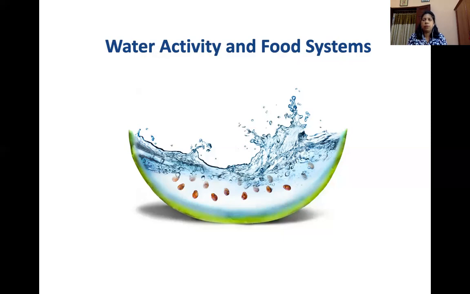Keeping that in mind, today we are going to discuss water inside the food matrix, whether a raw material, processed product, or dried product, whatever the product, what is the role of water inside that product.